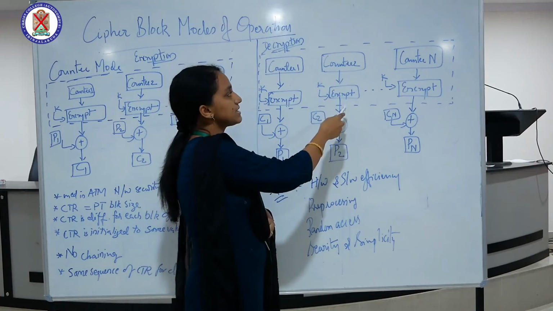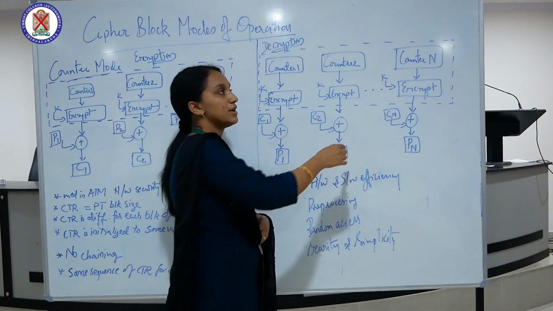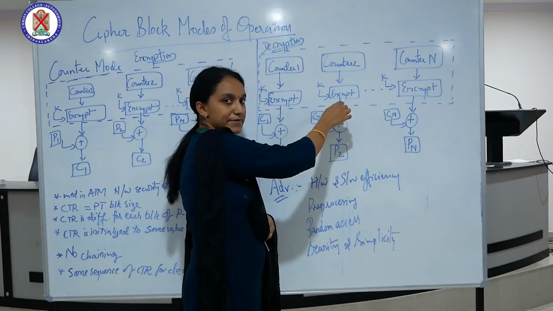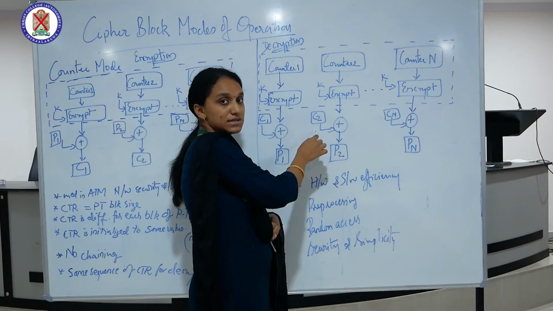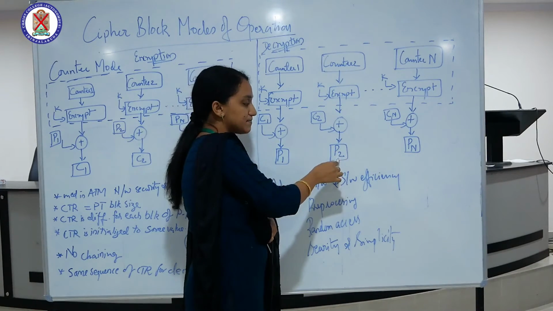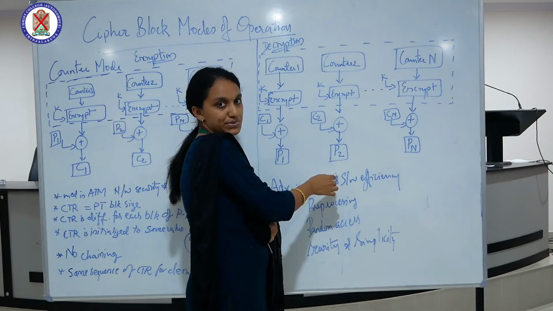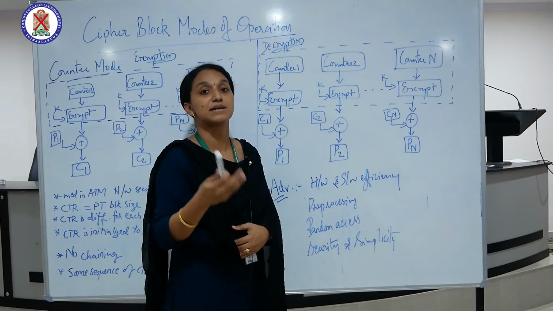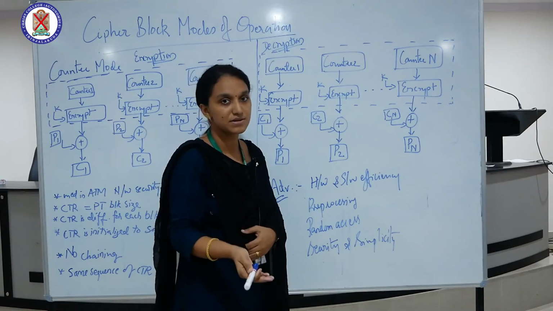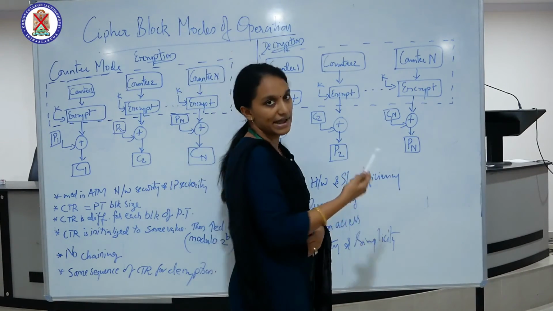In the second unit, what is happening? You have the second counter, which is encrypted. That result is XORed with the second unit of cipher C2 to get the second unit of plaintext P2. Clear? This process continues for as many units of plaintext as you have divided. So let it be n parts.